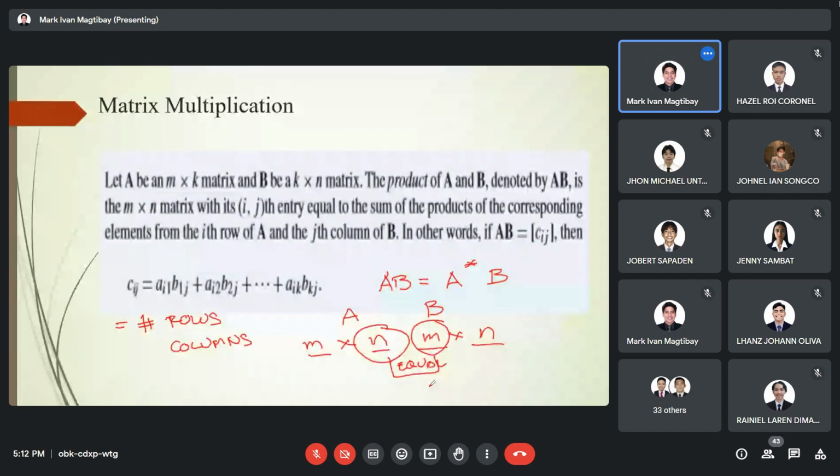So kung hindi po equal yung number of columns ng unang matrix na nabanggit sa number of rows ng pangalawang matrix na nabanggit, meaning to say, hindi po tayo pwedeng mag-operate through multiplication po natin. Okay? Yan po tatandaan ha. Alamin niyo muna po yung size lagi po ng ating mga matrix before we proceed on anything po. Okay? And then kapag nakita po natin na equal po siya, saka po tayo pwede mag-proceed sa magiging equation natin.